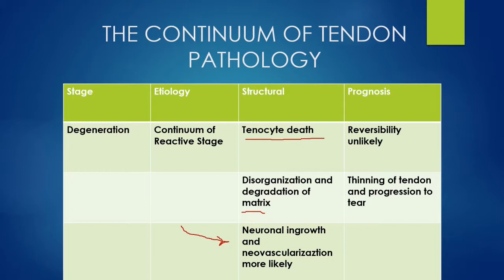At this stage, this condition is likely irreversible because of the loss of mature tendon cells, which are responsible for the production of the extracellular matrix. Because of the death of so many cells, we see that the extracellular matrix is simply unable to be repaired.